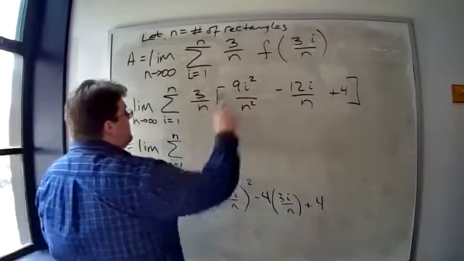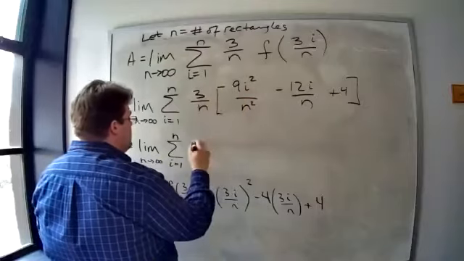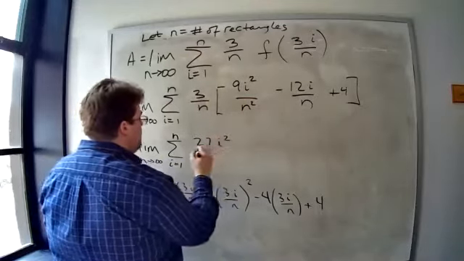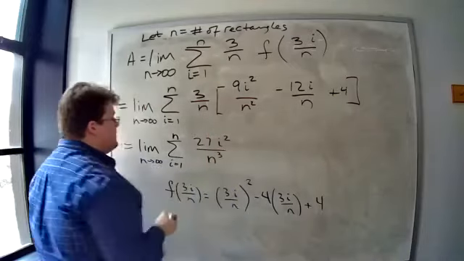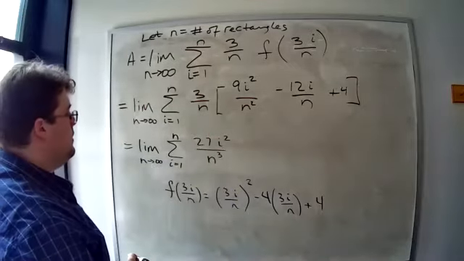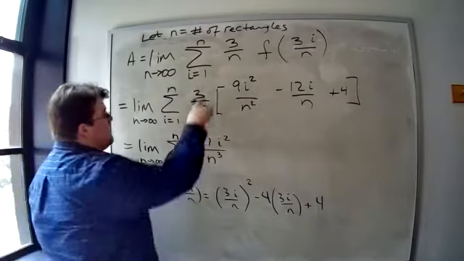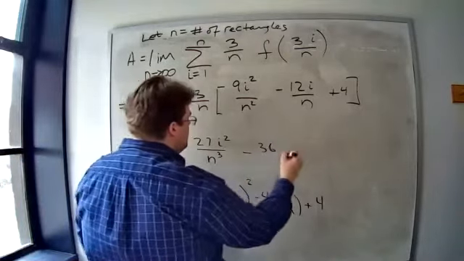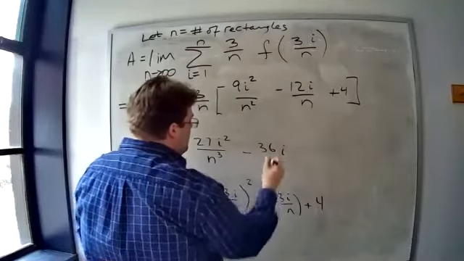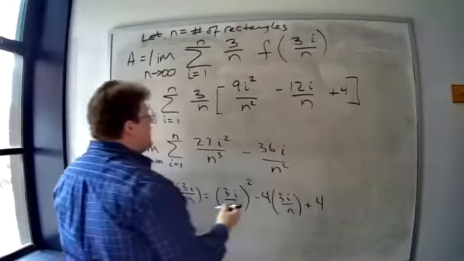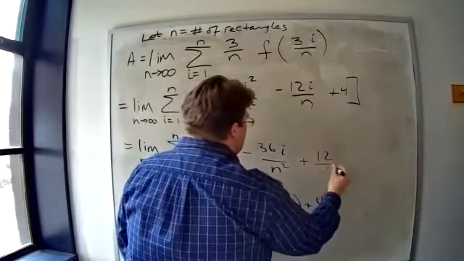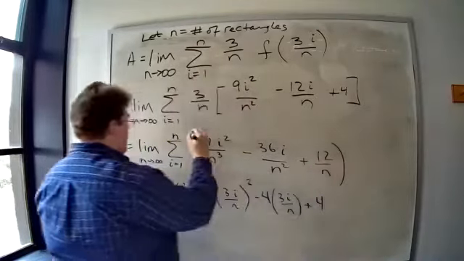Well, 3 over n times that, so 3 and 9 make a 27. i squared is still i squared. n and n squared makes an n cubed. Then we do the same with the rest. 3 and negative 12 makes a negative 36. i is i. n and n make an n squared. 3 over n and 4 make a 12 over n.